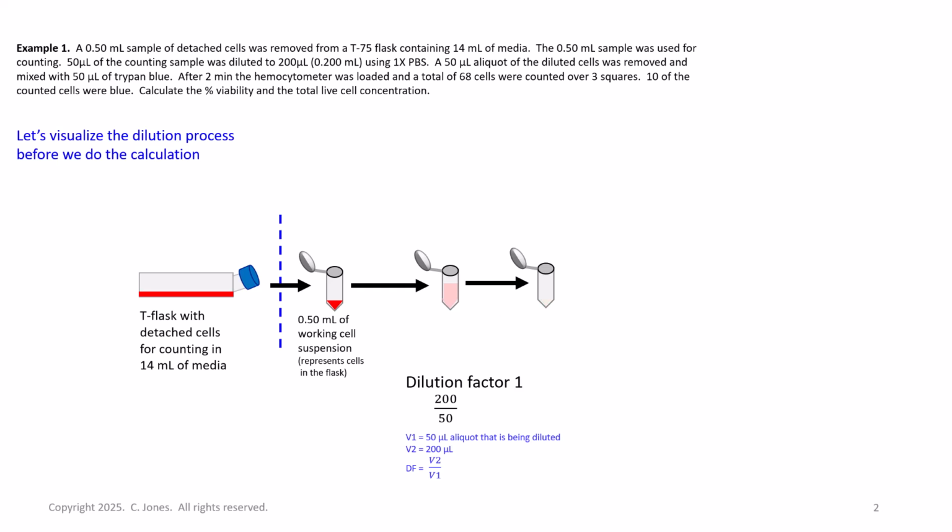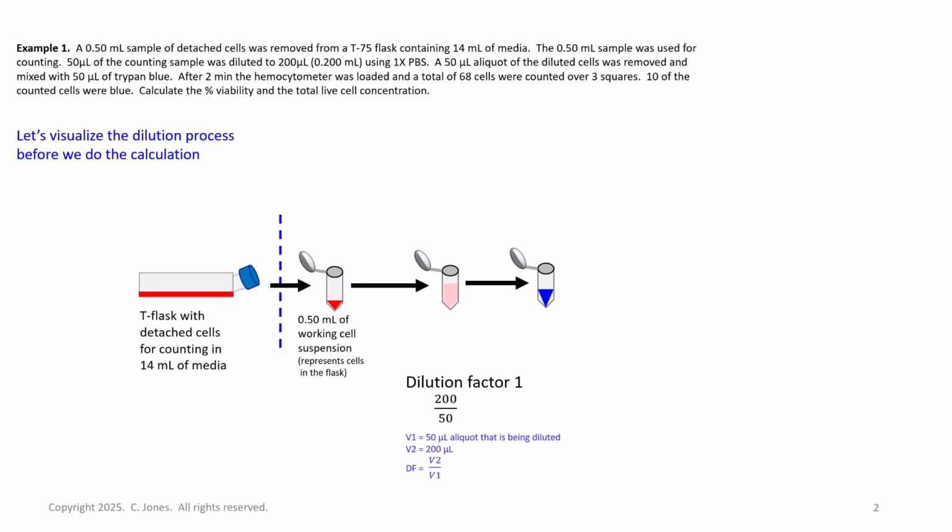All right. And so remember that every time we combine the cells with either PBS or some other appropriate diluent like HBSS, and that we add the trypan blue, we need to ensure that we thoroughly mix the cells, but we have to mix gently because we don't want to put any shear forces on the cells or they'll die.